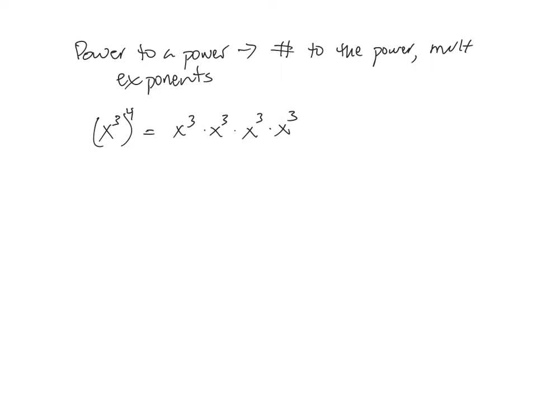And now I've written this out as if it's a multiplying problem, and we're supposed to do 3 plus 3 plus 3 plus 3. That would be x to the 12th power. Okay, but we don't want to have to write all that out. So if you multiply the exponents, 3 times 4 is 12.